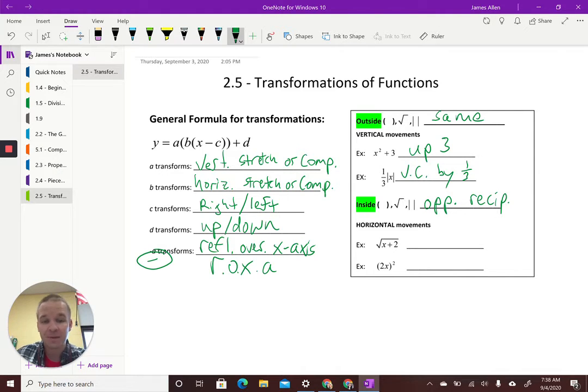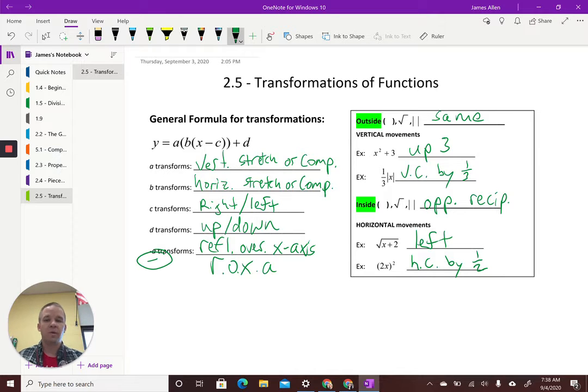We're thinking opposite, so we're actually moving to the left 2, which we usually associate left with negative x values, right? But we're thinking opposite here. Now, here we have a 2 inside the parentheses. It's multiplication, so this is going to be that B value right there, horizontal stretch or compression. Since we're thinking reciprocal, we're thinking horizontal compression by 1/2.